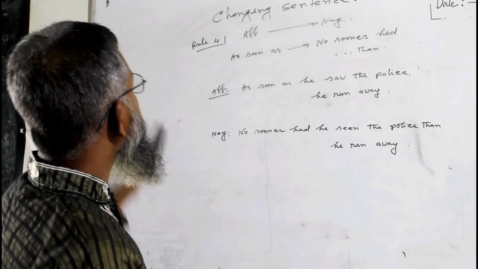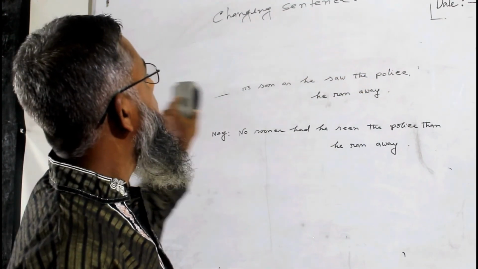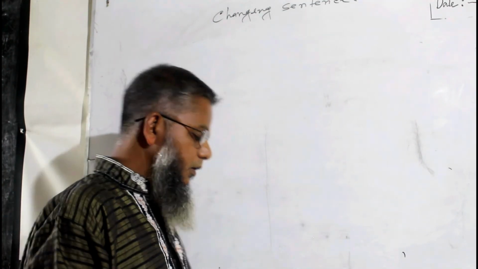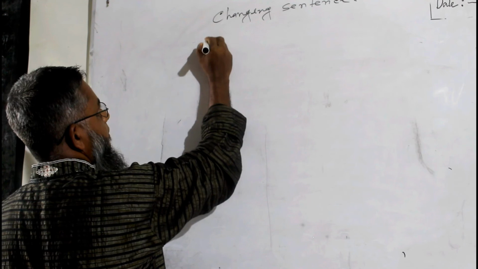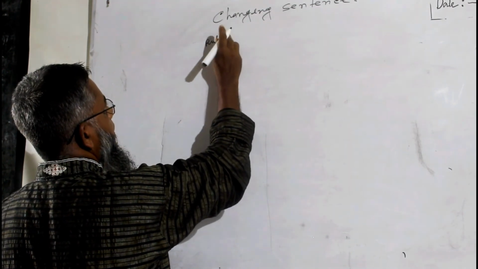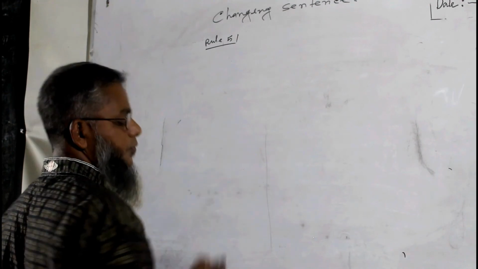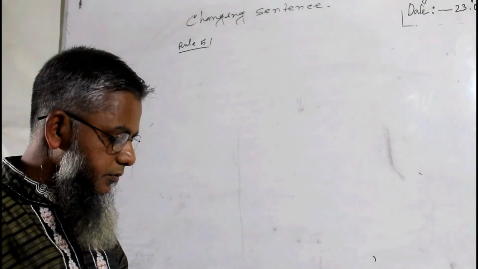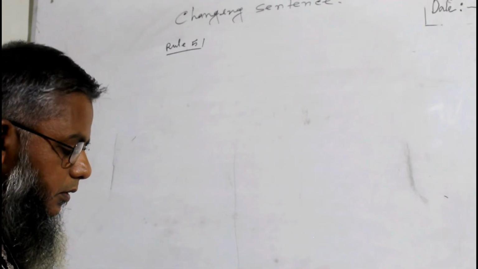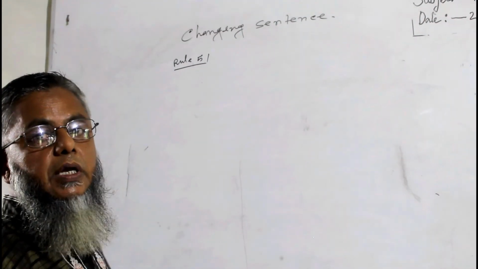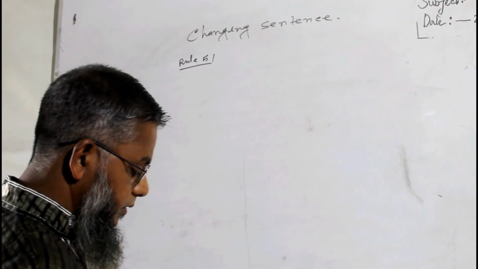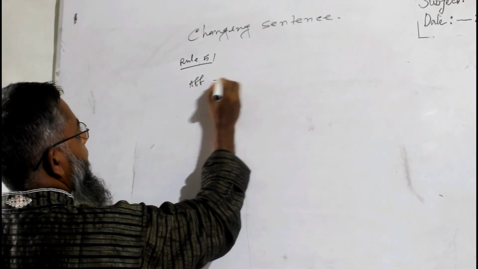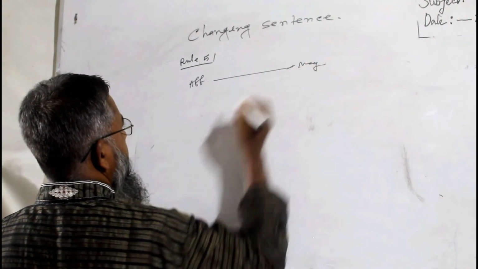Now I apply here another rule. Rule 5. If any affirmative sentence has adjective plus noun, affirmative to negative.